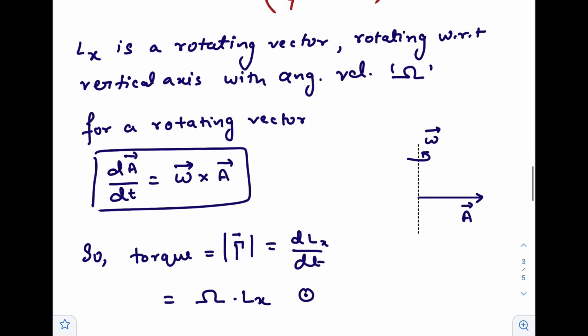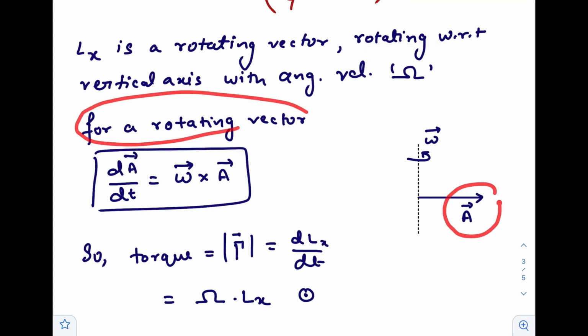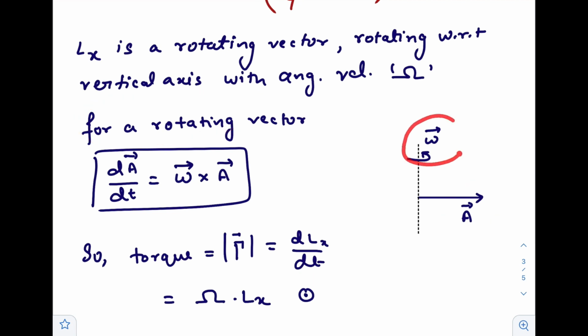Now for a rotating vector we need to know that, suppose there is a vector A which is rotating with an angular velocity omega. Now the rate of change of this vector should be equal to the angular velocity cross product with the vector itself. Derivation you can find in any standard textbook, I won't explain it in this video.